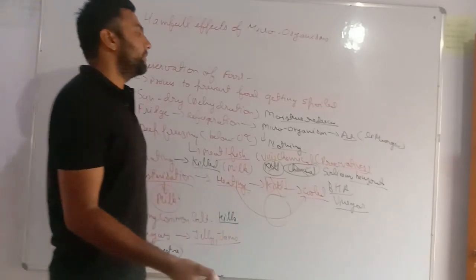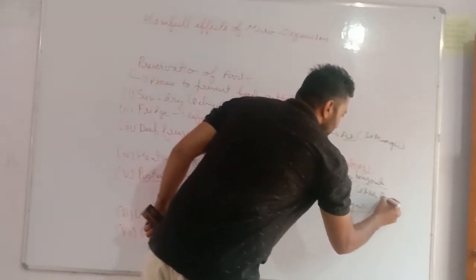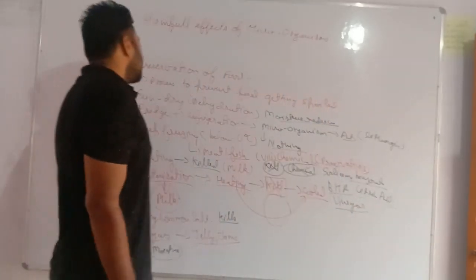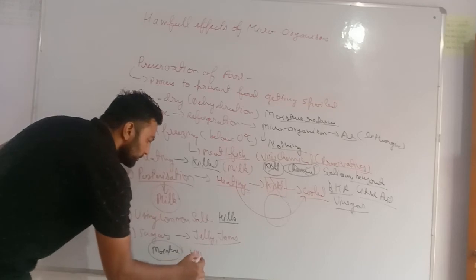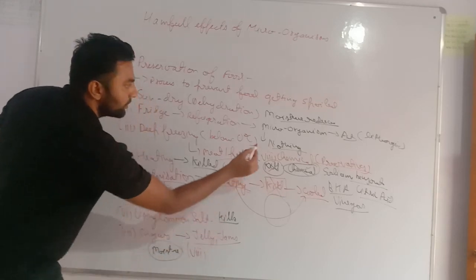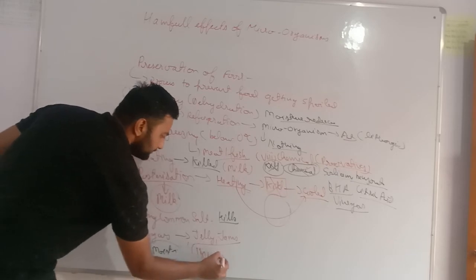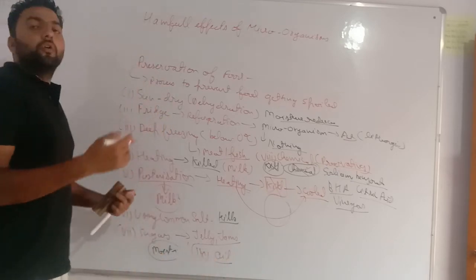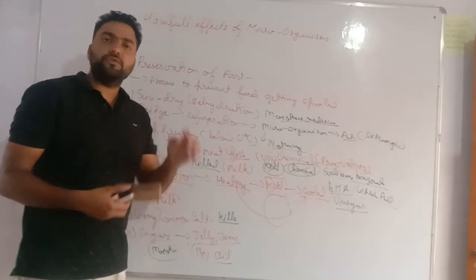You can even use citric acid. See my dear students, even oil is used for preservation of food. Whenever we go on a long tour, our mothers prepare puris instead of chapatis.